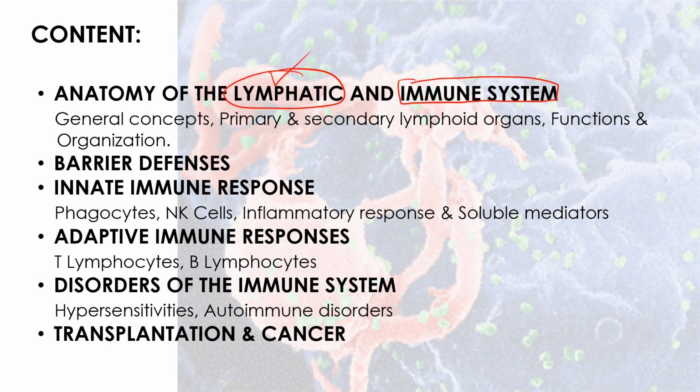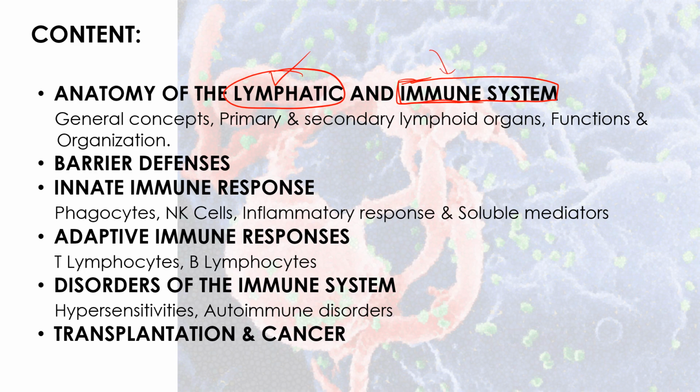Now, the hardest part again is going to be the immune system. That's the case for all the students. And I remember when I was a student, I really had a hard time with these immune cells.